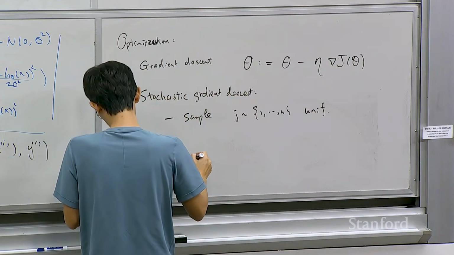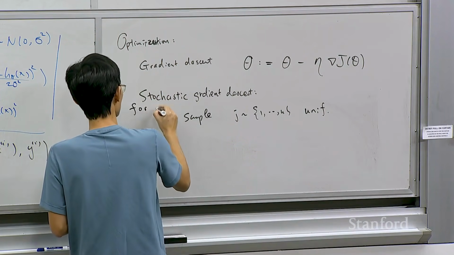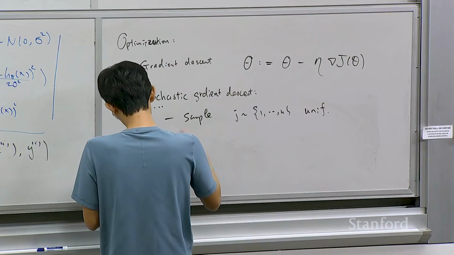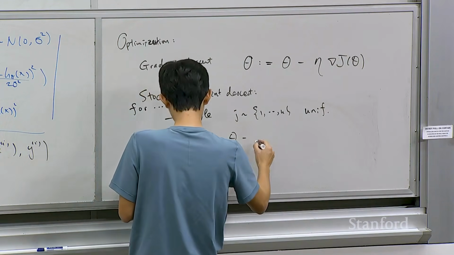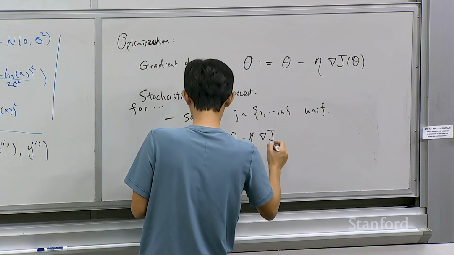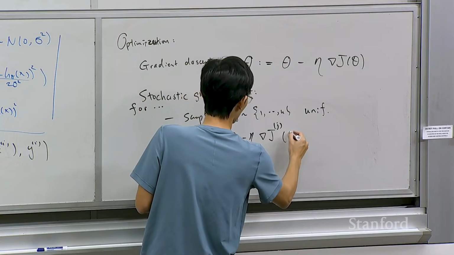Of course there's a for loop. You sample, and then theta is updated to theta minus eta times the gradient of the loss of example J, at theta.